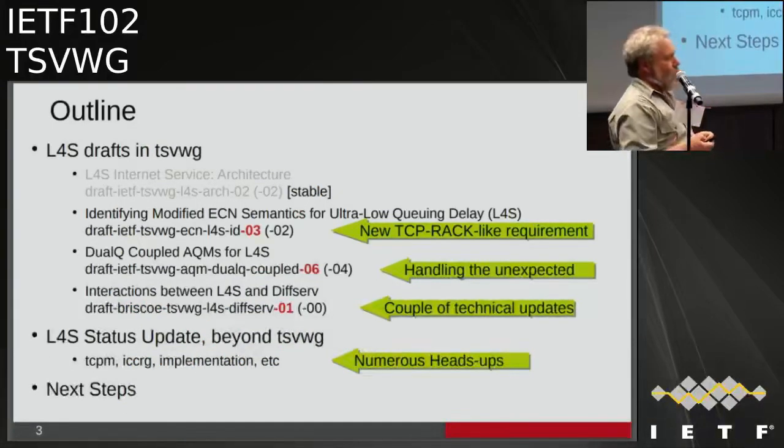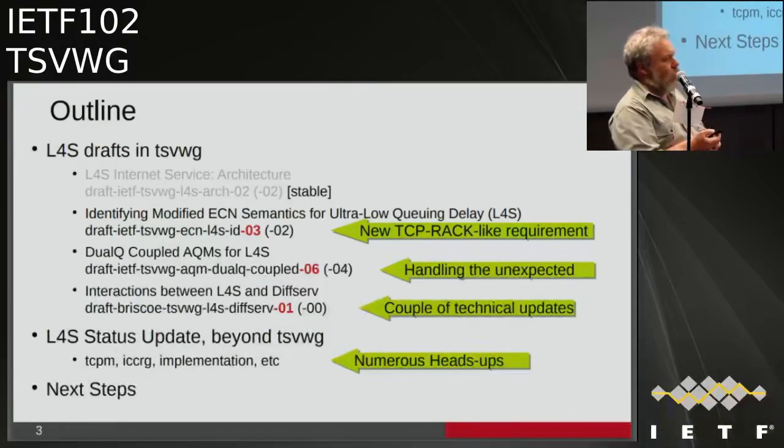Right, this is an outline of the whole talk. Drafts I'm going to talk about today. Not going to talk about the architecture, which is stable and hasn't changed. There's two other working group drafts, one on identifying the ECN field, which is the ECT1 code point. I'm going to talk about one particular addition to that, which is a condition for when you can use that code point, and it's related to RACK, which is probably surprising to many people, and we will come on to that.